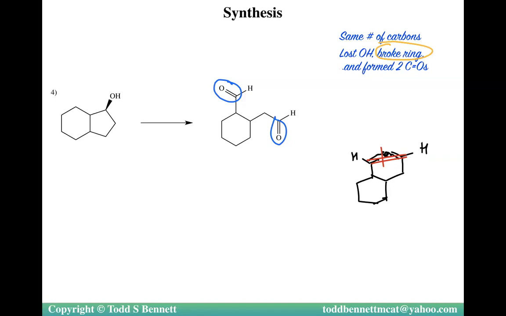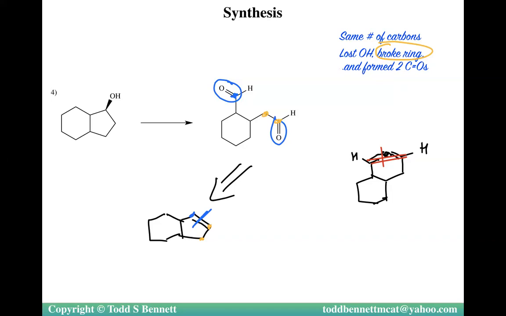So I'm actually going to go in what's known as the retrosynthetic direction. I'm going to say that this compound that we have right here had to come from a double bond right here, because that's the only way you would have one carbon here, that's this one, and two carbons here, that would be these two.